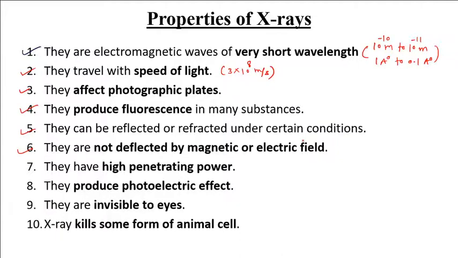They do not have any effect of electric and magnetic fields on them. They have high penetrating power. We know that X-rays easily penetrate through paper, thin sheets, as well as our flesh, etc. X-rays produce the photoelectric effect. They are invisible to our eyes.